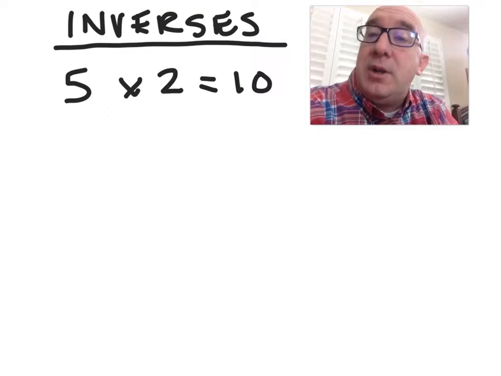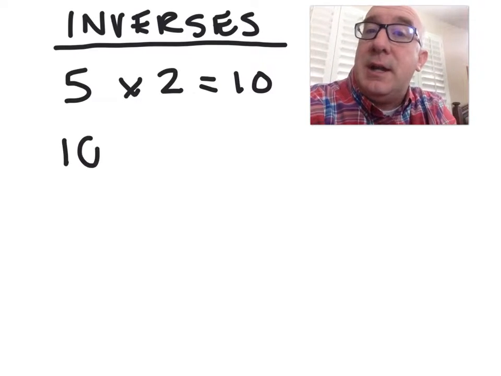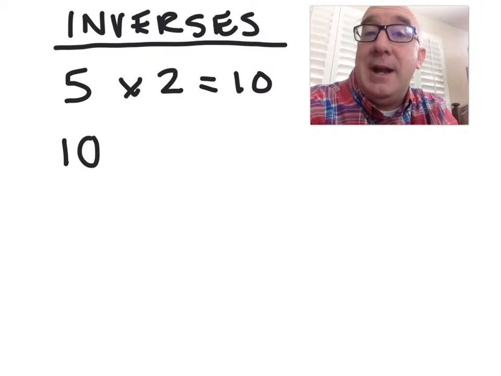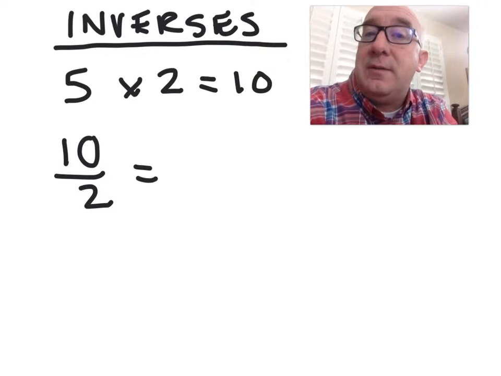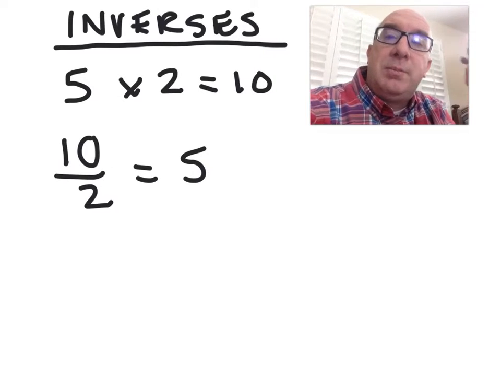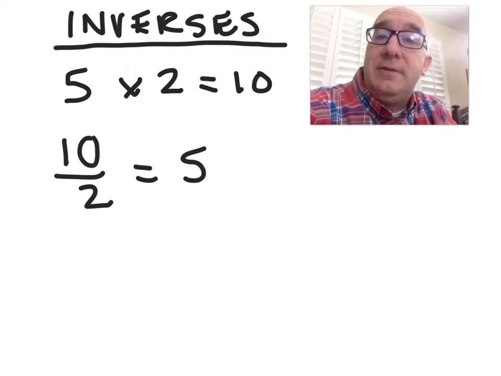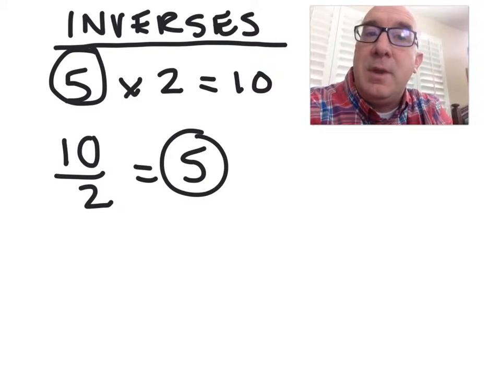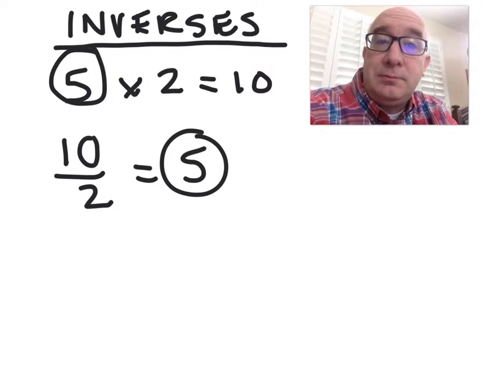Now, if you wanted to undo that, we would take 10, and what would we do? We would divide it by 2 to get the 5 back. So multiplying by 2 and dividing by 2 are inverses because the original number just came back.